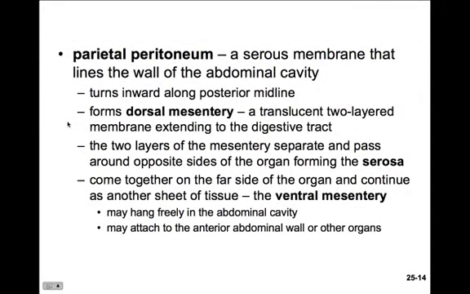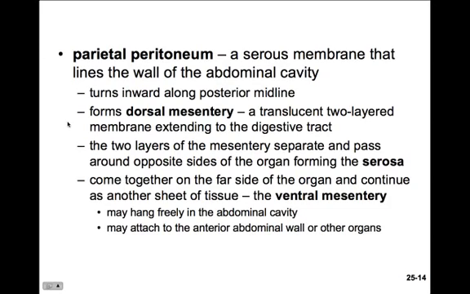You'll remember the parietal peritoneum from early in the study of anatomy and physiology. We looked at all the linings of the different cavities and linings of the viscera. In the abdominal cavity, it was the peritoneal cavity that's surrounded by the parietal peritoneum. So this is the layer of serous membrane that lines the wall of the abdominal cavity.